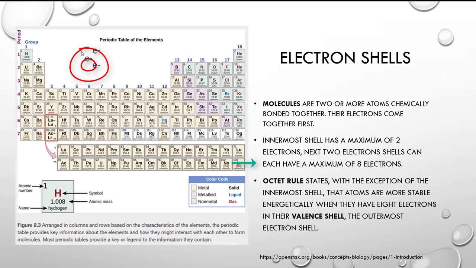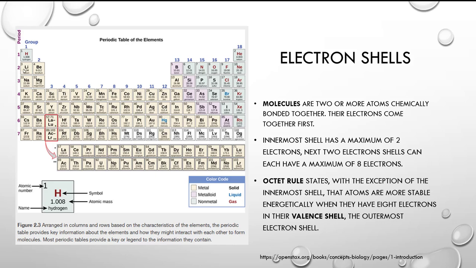So lithium has 1 electron in its outermost shell, but that shell can hold 8. It needs 7 more electrons to fill its outermost shell. So this guy has a lot to live up for, right?